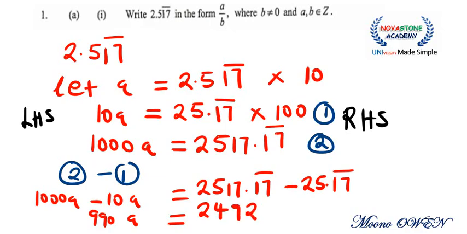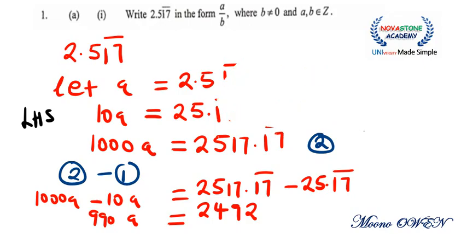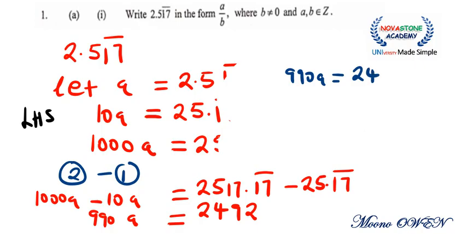That's my answer on my right hand side. Now let me divide the two. Allow me to wrap just this part. So what we have now is 990a equals 2492. Then I'm going to divide by 990 on both sides.